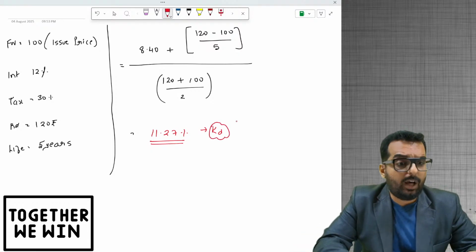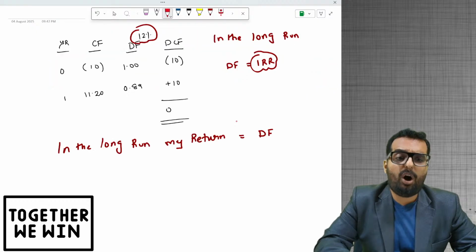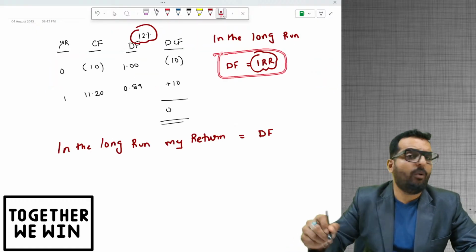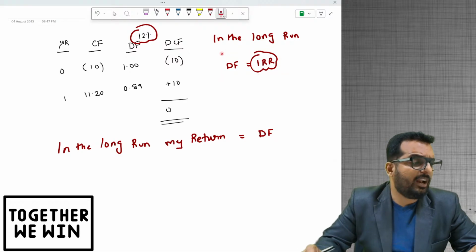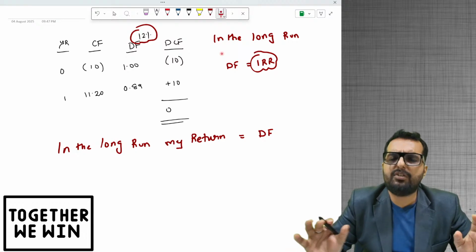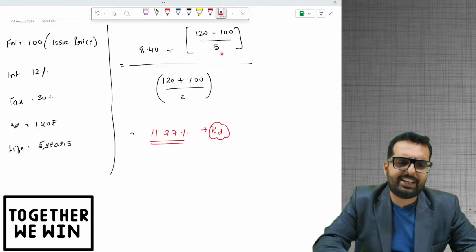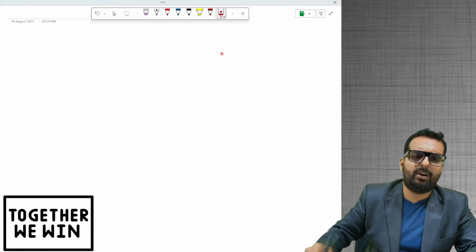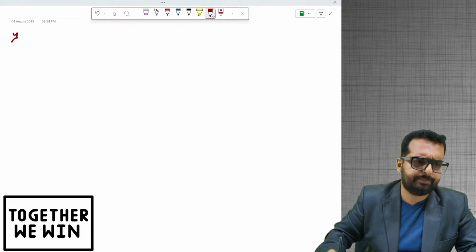Friends, I told you earlier that in the long run, whatever is your discount factor will be the IRR. What is the IRR? IRR is the rate at which NPV becomes 0. So friends, shall I check it now? That is where I do a YTM method also. What is the second method called? YTM method.